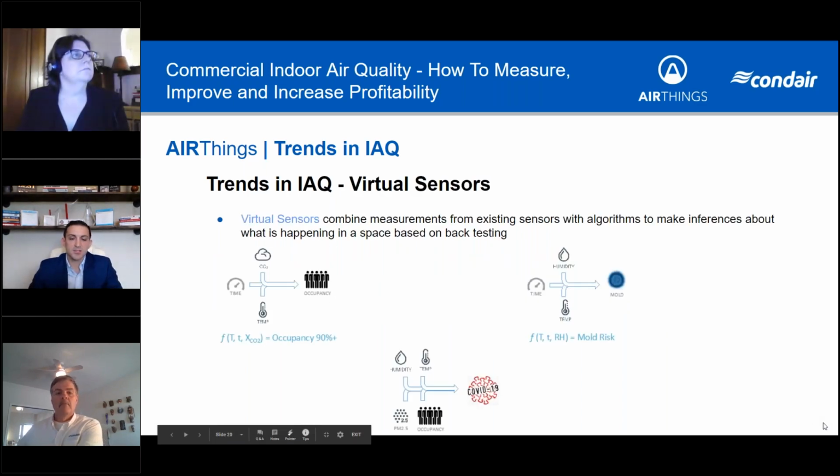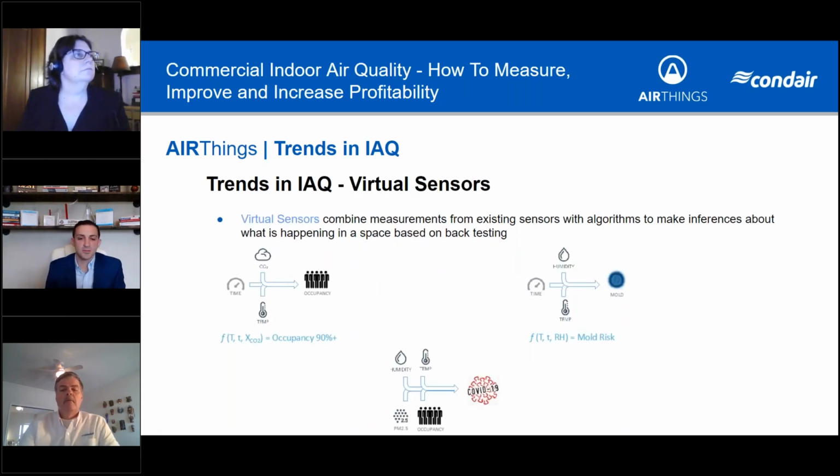Excellent. So here are just a few ideas, or things that we can do with this data that I think take us really beyond just CO2 and temperature. What we've done, we call them virtual sensors, and it's algorithms and inferences or insights that we can gain by looking at this data and what we know about air quality. For example, on the top left, we have temperature, CO2, and time.